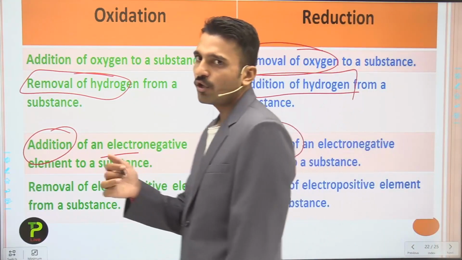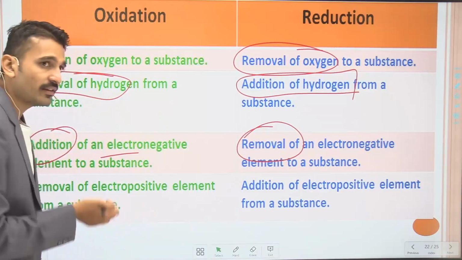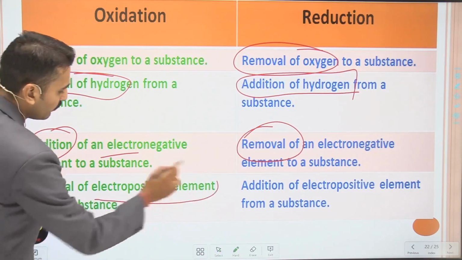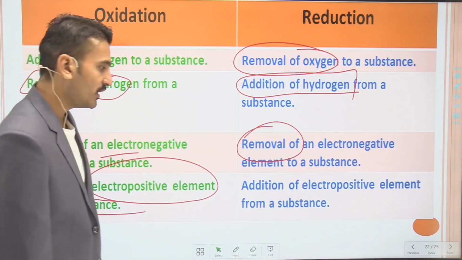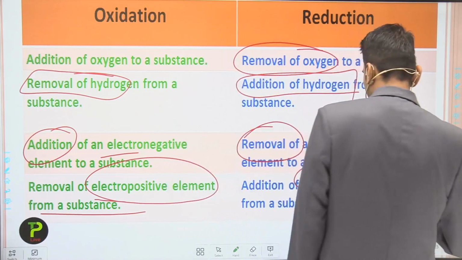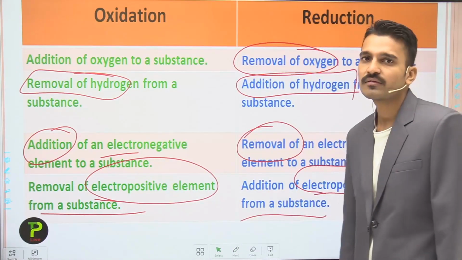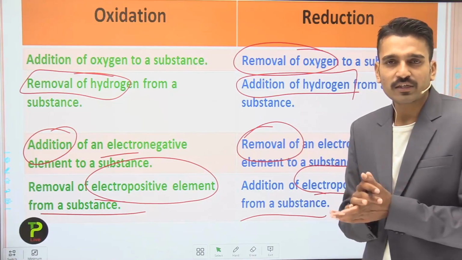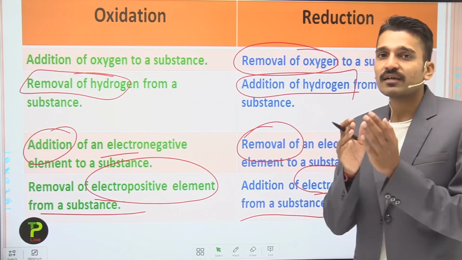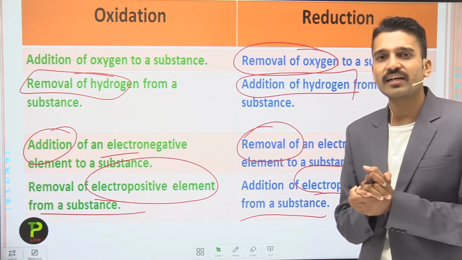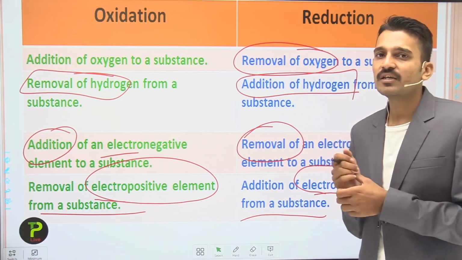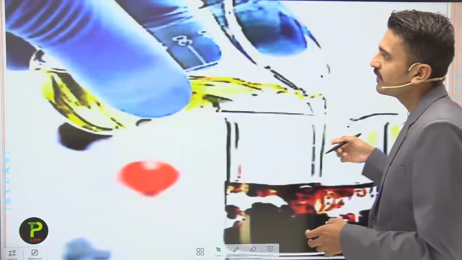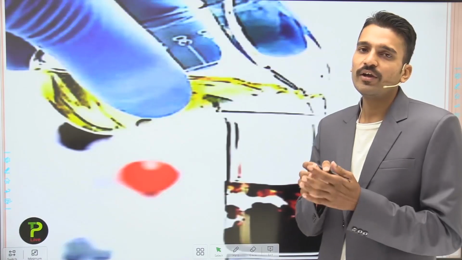The removal of electropositive element is termed as oxidation, while the addition of electropositive element is termed as reduction. The substance which is getting oxidized will act as a reducing agent, while the substance which is getting reduced will act as oxidizing agent. So this completes the redox part.